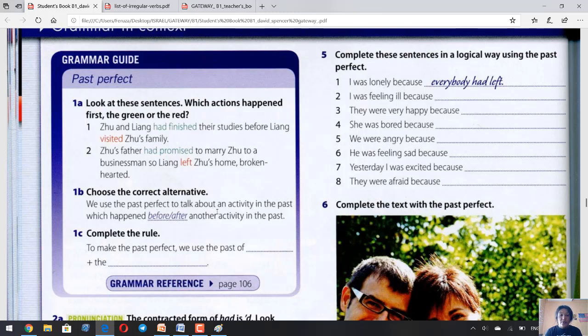We use the past perfect to talk about an activity in the past which happened before another activity in the past. To make the past perfect, we use subject plus had plus past participle.